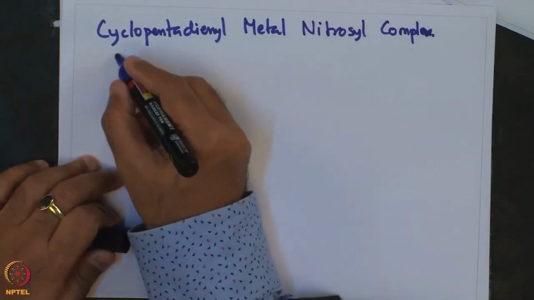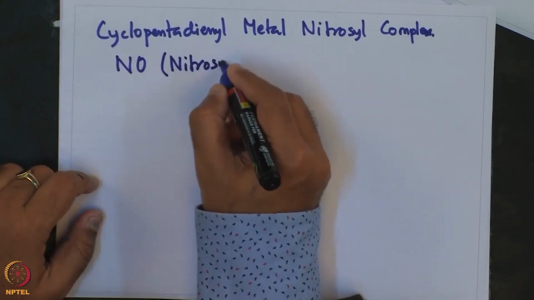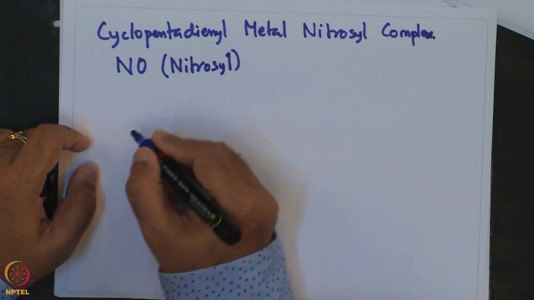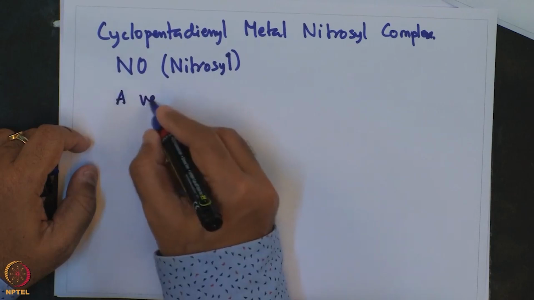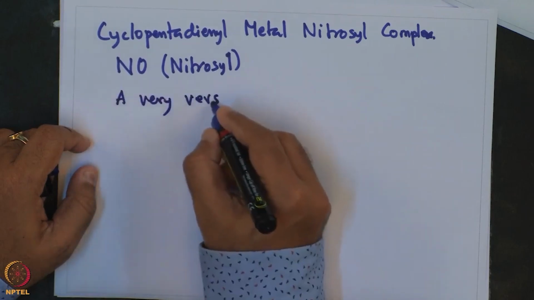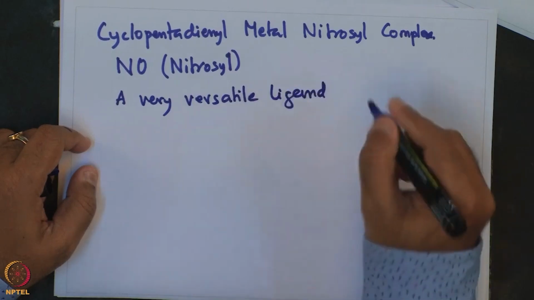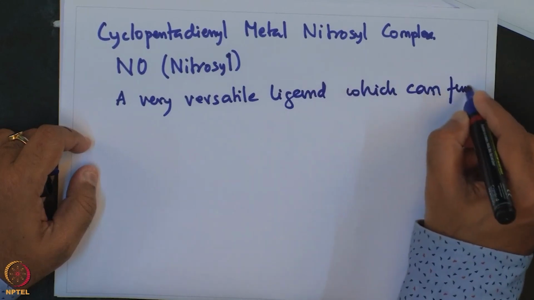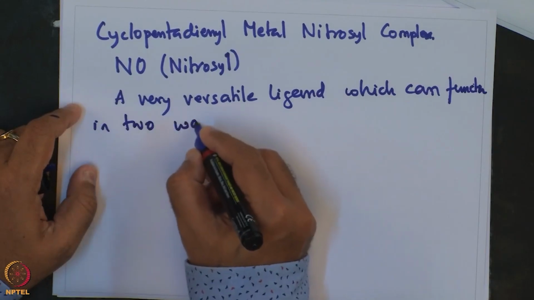Now, nitrosyls are usually called NO ligands, and the nitrosyl is a very versatile ligand which can function in 2 ways.